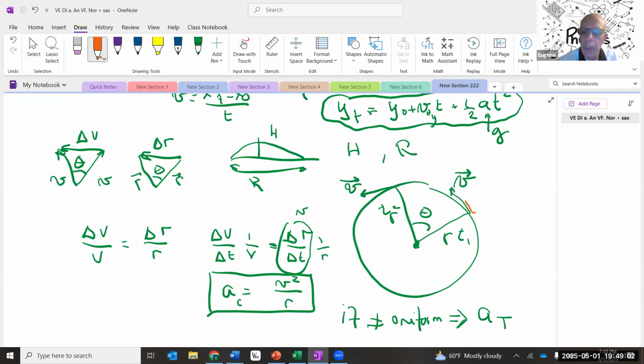So if this here is v1, this here is going to be v2, and then v2 is going to be different than v1. So the linear velocity is changing. The magnitude is changing. So now I have what is called tangential acceleration.